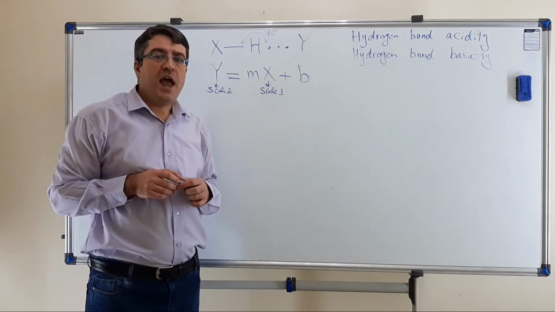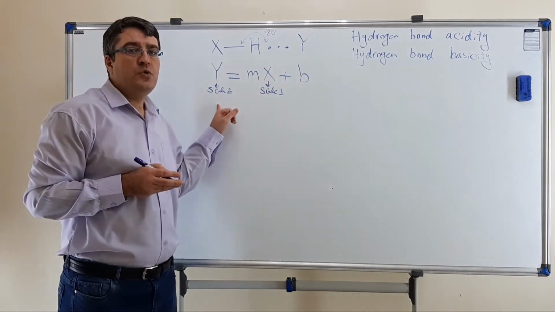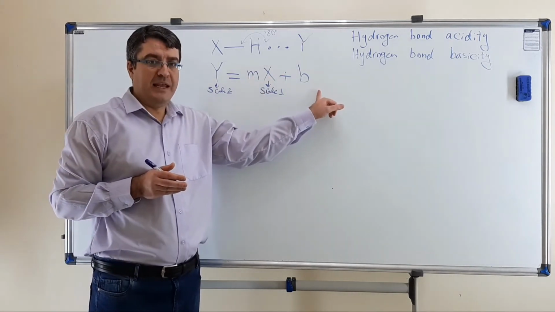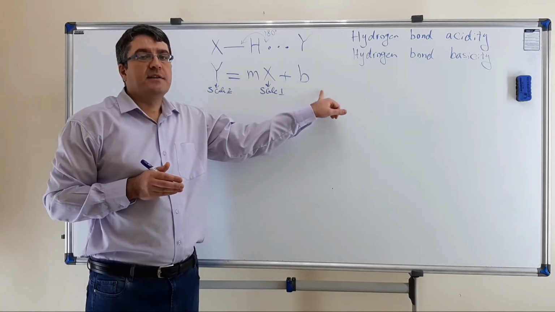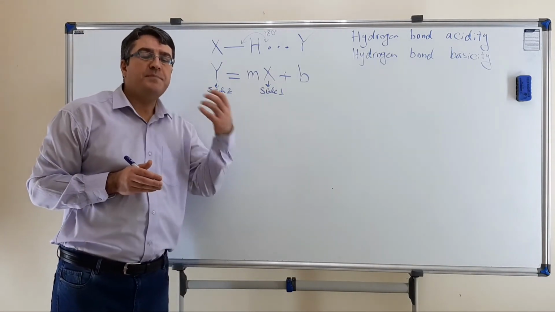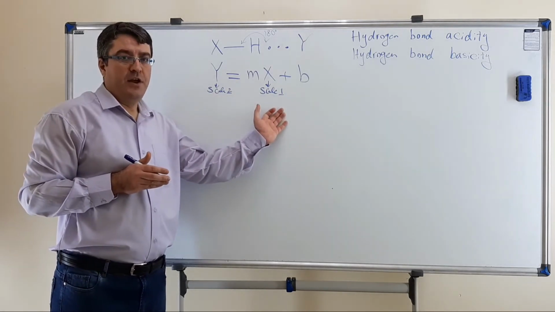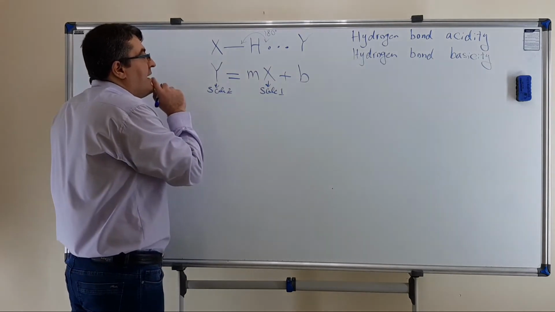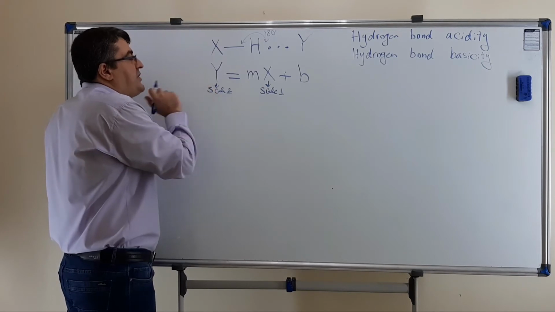If there exists any linear relationship between two scales, we can use statistical methods to obtain values of M and B, and also associated errors and standard deviations. Different types of parameters can be considered here. For example, we may search for a linear relationship between values of two pK scales.